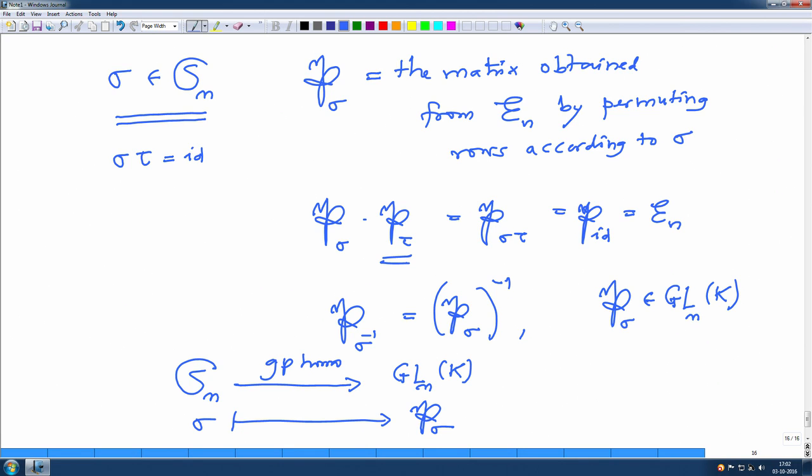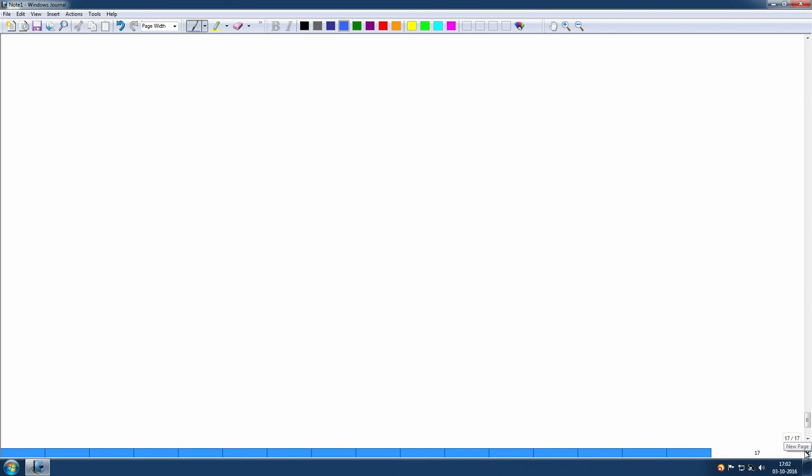Okay, so let me come to the main theorem which I would like to prove. I will see how much we can prove today. So this is the theorem I want to prove.